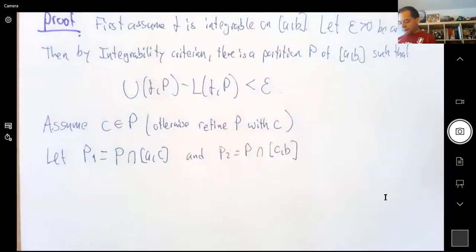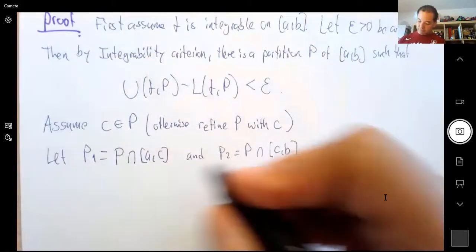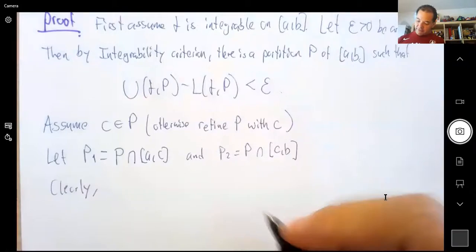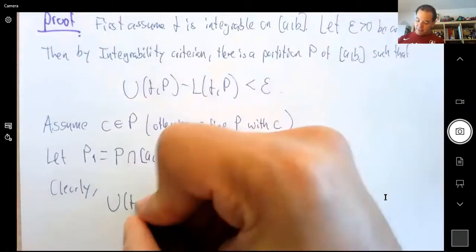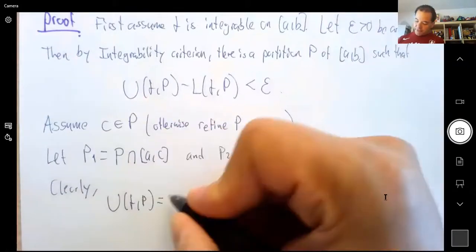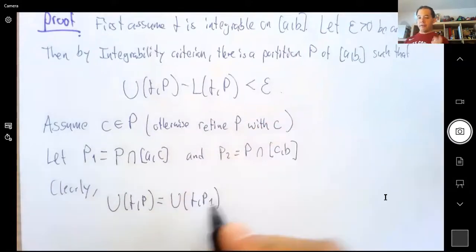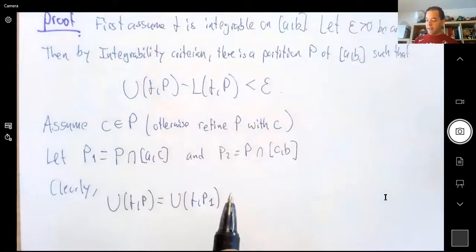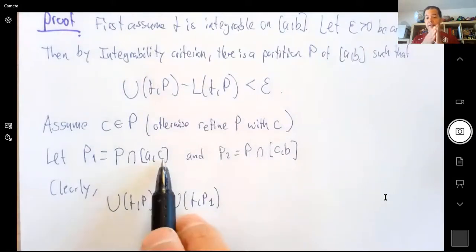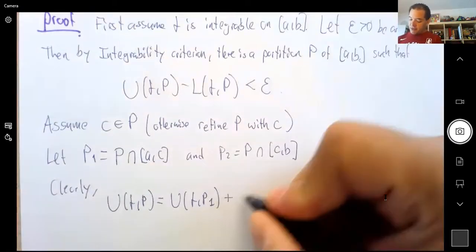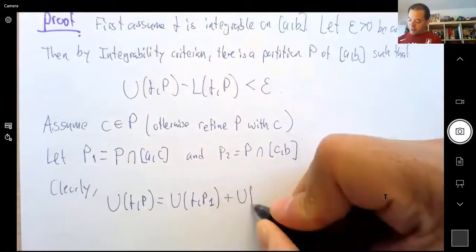Then obviously, if you want to do the upper sum over P, well, you can do the supremum over the little intervals with the partition of the numbers that are less than C, and then do the same with the partition of the numbers that are bigger than C. So this is the same as U of f, P1 plus U of f, P2.